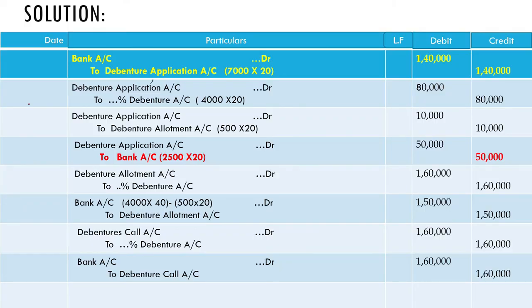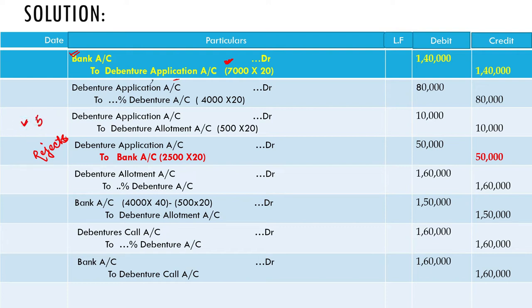So let's see. First of all, we will do the entry for the money received by the company at the time of application. The entry will be bank account to debenture application account. It was 7,000. There was oversubscription of 3,000 extra debentures. In case of oversubscription, either the company rejects the amount or the company utilizes it for the next installment.